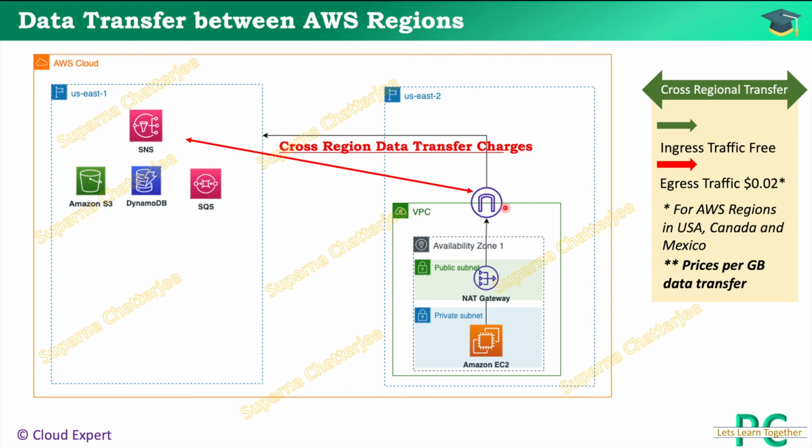If you compare with inter availability zone data transfer, in that case you are paying for both ingress and egress traffic. But for inter-region data transfer, you are only paying for egress traffic, and the egress charge is 2 cents per GB of data transfer. Again, let me remind you, this pricing is for AWS regions in the United States and in Canada.